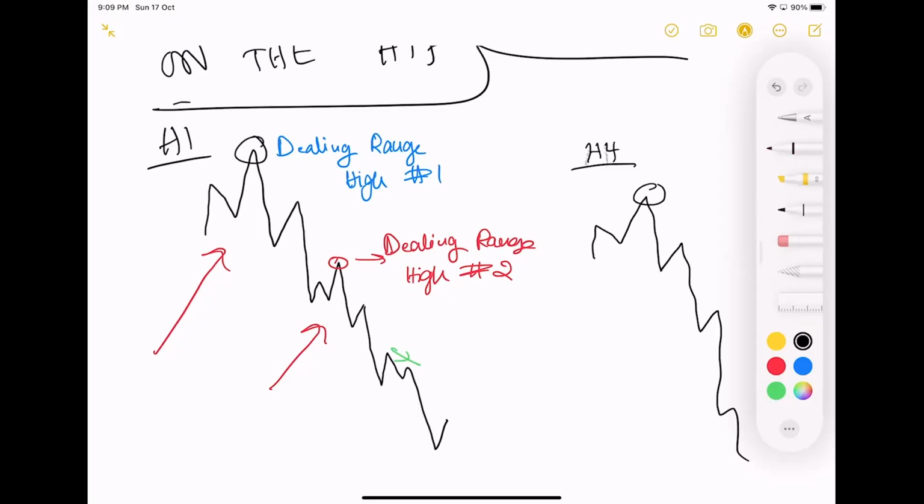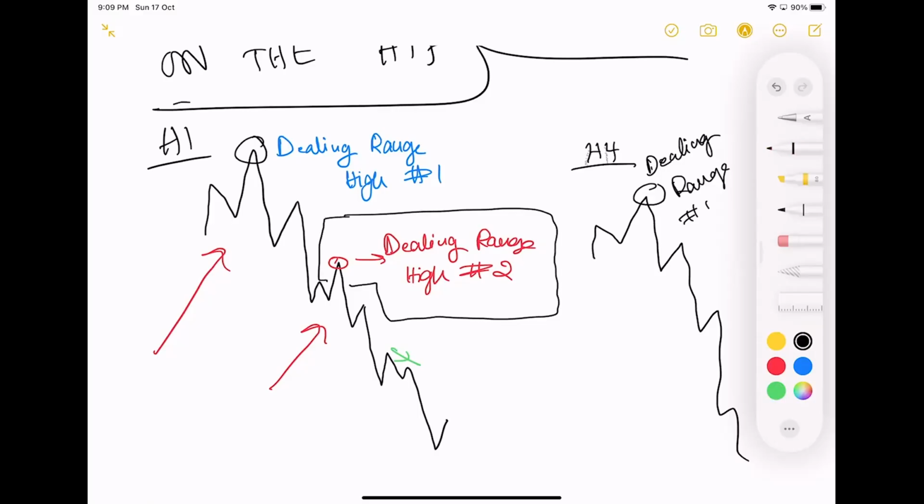So if dealing range number 1 is your actual dealing range high, now what does that say for dealing range number 2? Is it going to be a temporary reaction or a permanent reaction? I mean, nothing's ever permanent, but you get what I mean, right? Is it going to be a temporary displacement down, or is it going to be a prolonged displacement down?